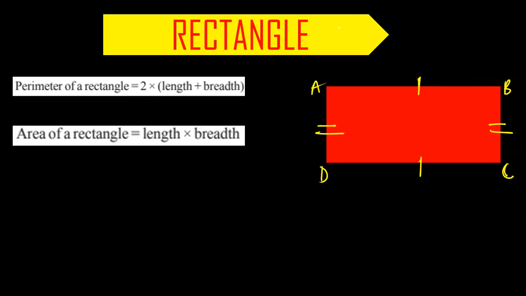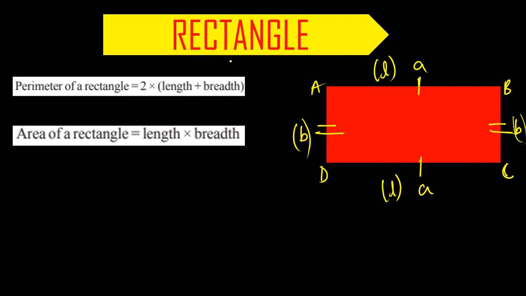So in this, if I take this length as A, then this will also be A. Similarly, AD as B, then BC will also be B. But talking in this aspect, I can call A as the length, whereas AD as the breadth, and BC also as the breadth of this rectangle.